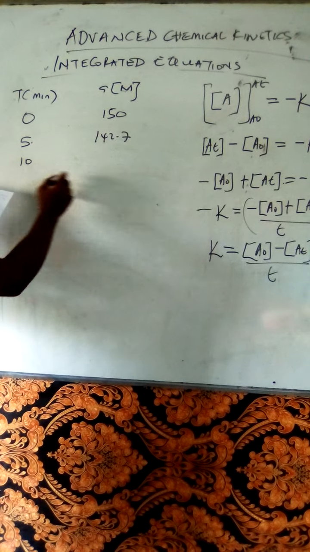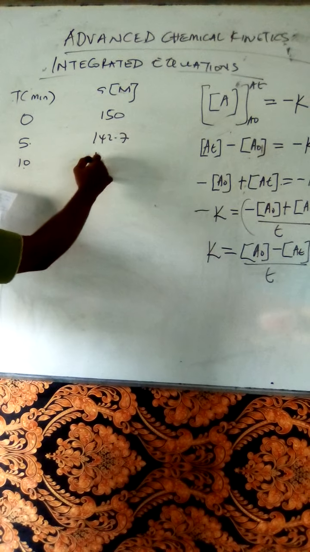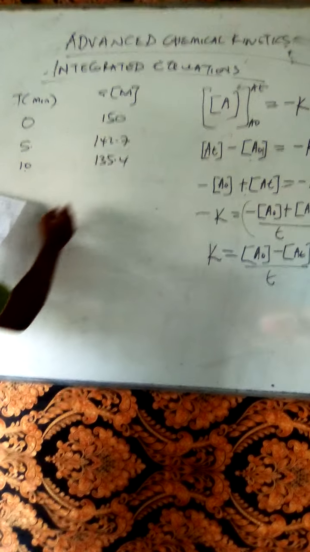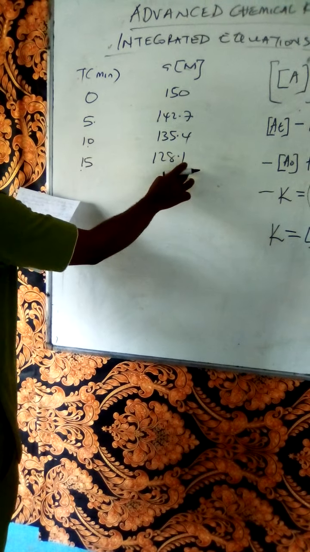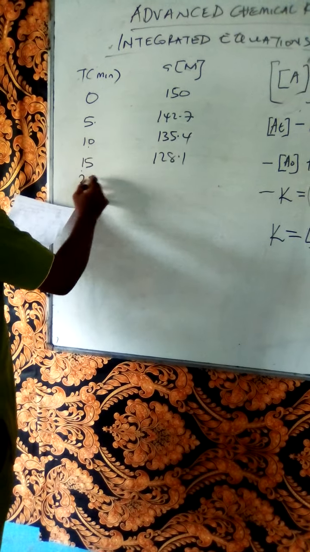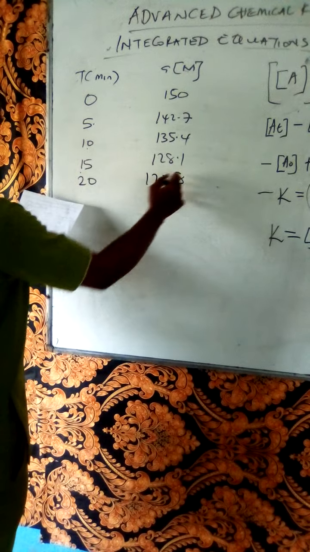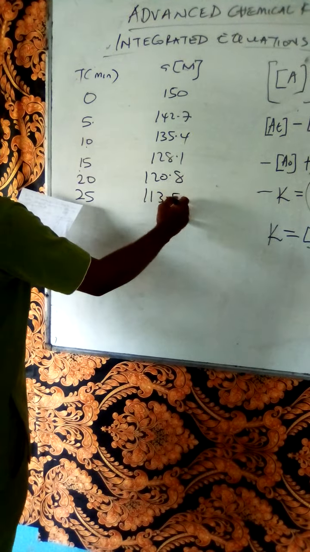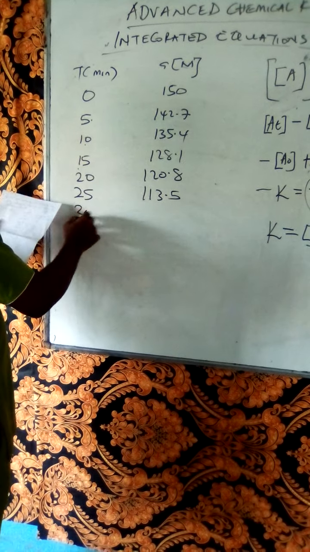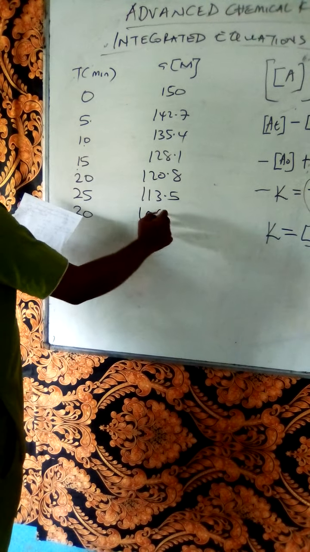When time is 10, I have concentration as 135.4. When time is 15 minutes, I have 128.1. When time is 20 minutes, we have 120.8. When time is 25 minutes, we have 113.5. When time is 30 minutes, we have 106.2.